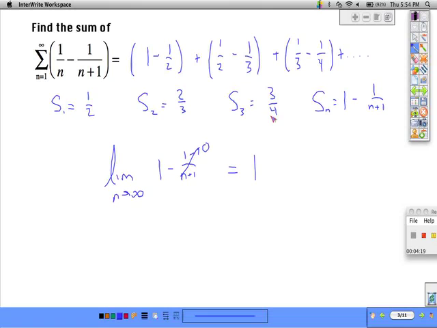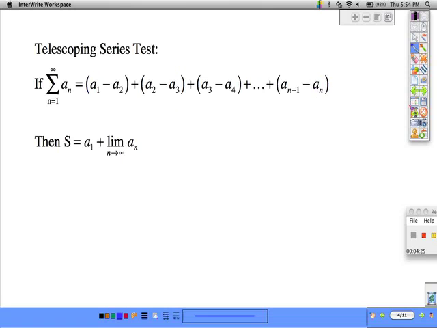This is an example of a telescoping series. In a telescoping series, when you expand it out, all of these inside terms are going to cancel out, and you're left with the first term plus the limit of the last term.